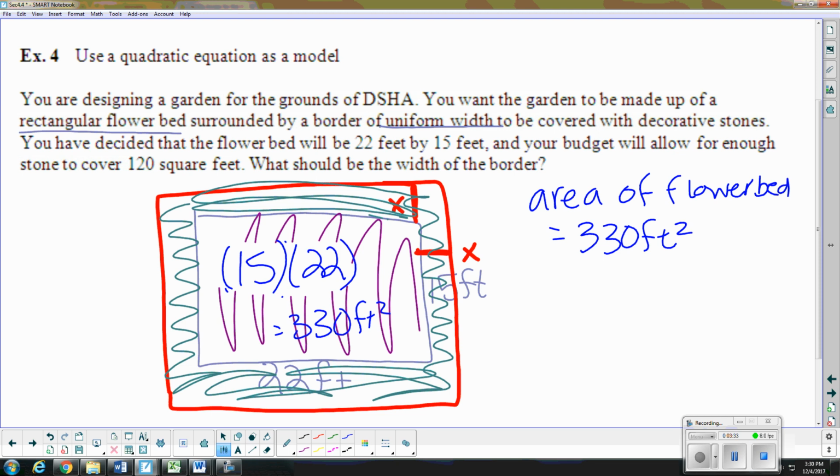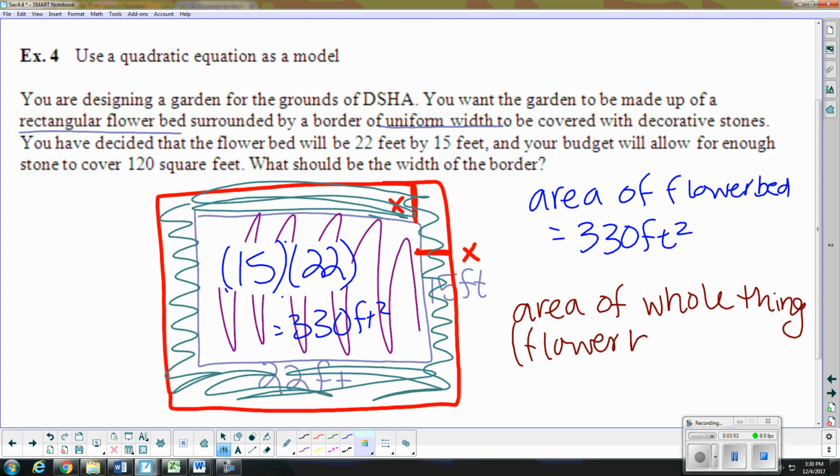Now, what's my area of the whole thing, the flower bed and my border?